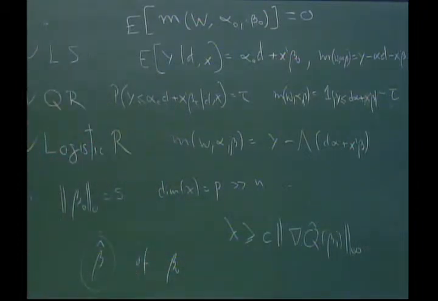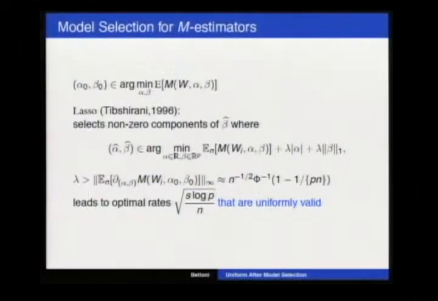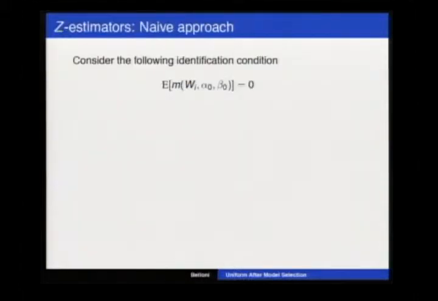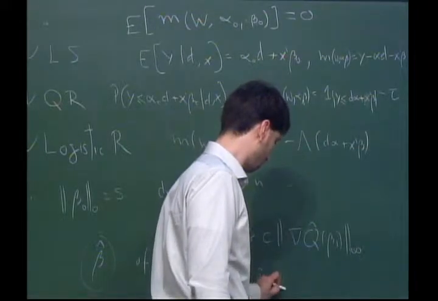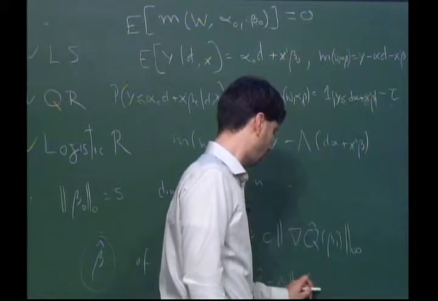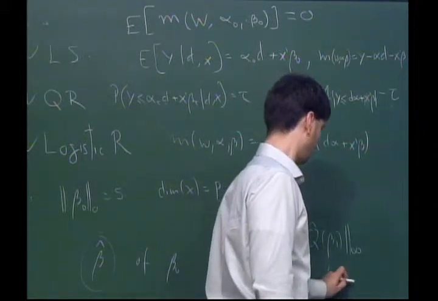And we have seen that typically we get this very nice approximation if you use self-normalized moderate deviation theory. And we also know that we can get good rates of convergence for those estimators.